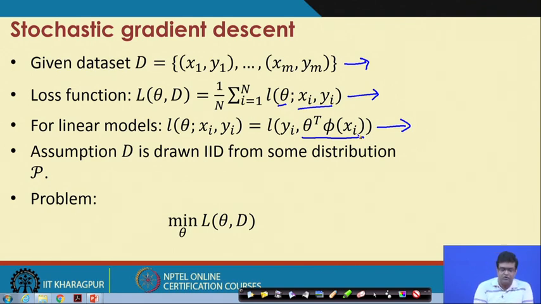And now, we assume that this data set D is drawn IID from some distribution P. So, this is the first assumption we have to make. Okay. Our proof will work under this assumption, and of course, our problem is to minimize the total loss function, which is a function of both the parameter and the data set, and we have to minimize it with respect to the parameter theta.